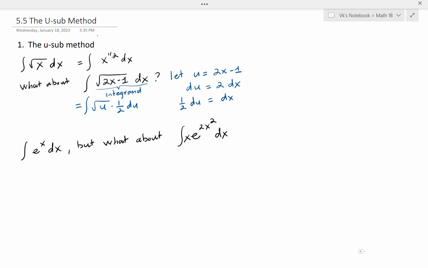So we want e to the power u, meaning that we have to let u be 2x squared, and du here is the derivative with respect to x. So this tells us that x dx is 1/4 du.